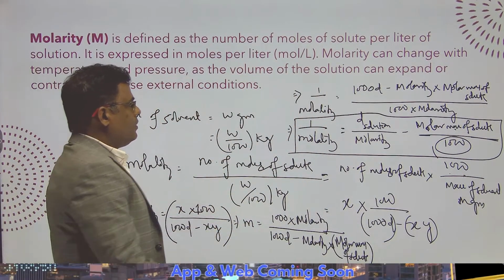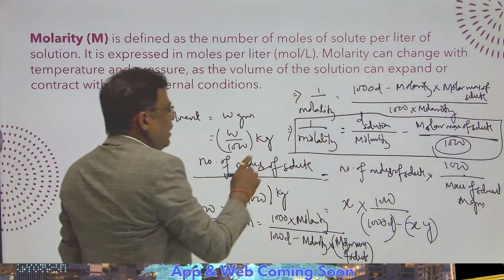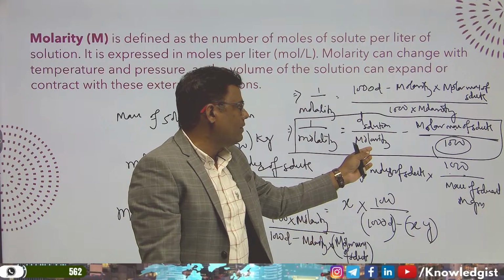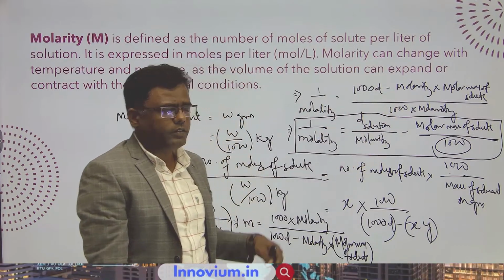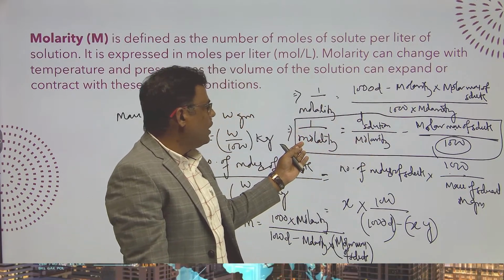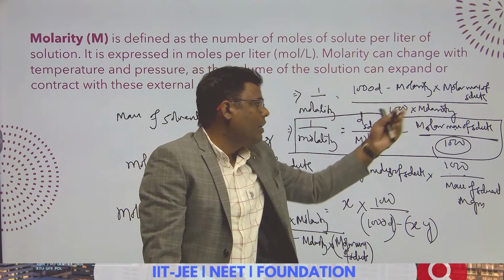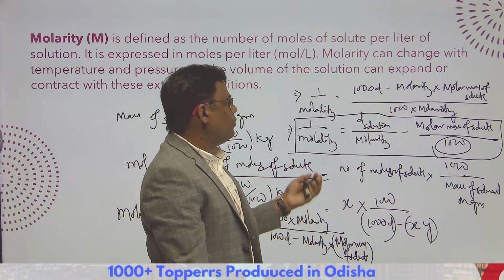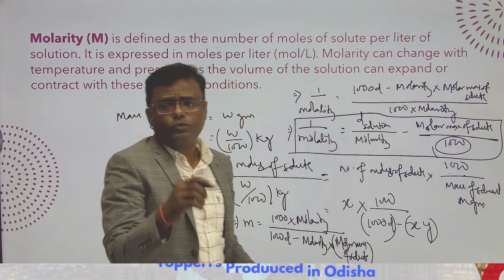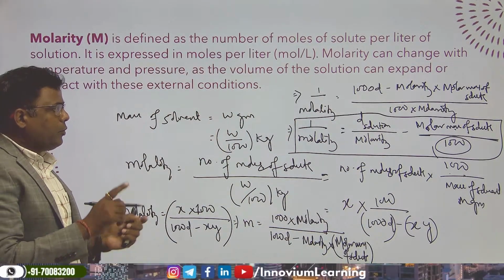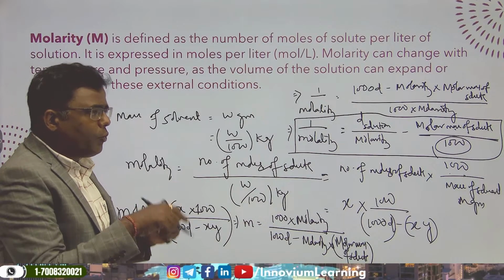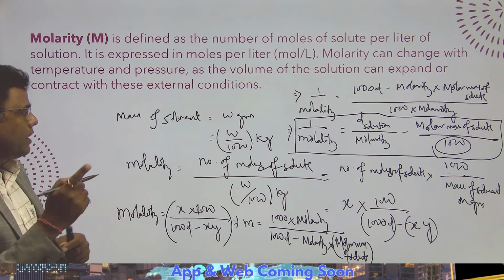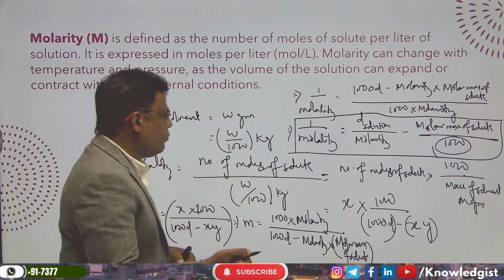Now here this is one important expression. Using this expression we can calculate molality. If density is given, molarity is given, molar mass of solute is known to us, or molarity may be asked, molality, density of the solution will be given, and molar mass of solute is known to us, correct. And using this expression we can also establish relationship between molality and molarity, and under which condition molarity will be equal to molality, molality will be greater than molarity, molality will be less than molarity, correct.